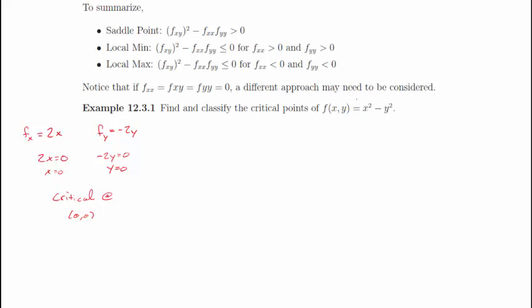If I want to determine whether (0, 0) is going to give me a saddle point, a local min, or a local max, we're now going to need the second partial derivatives. So f sub xx equals 2, f sub xy equals 0, and f sub yy equals −2.